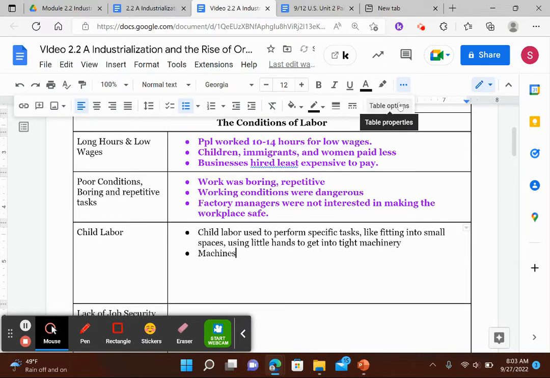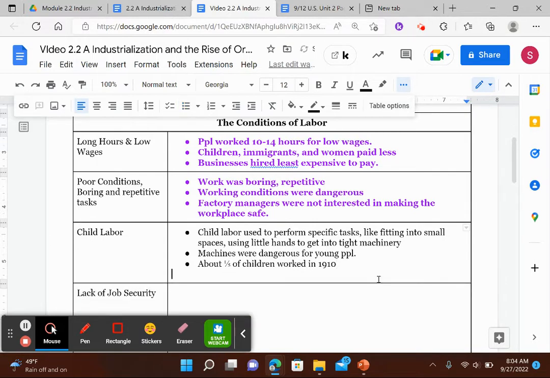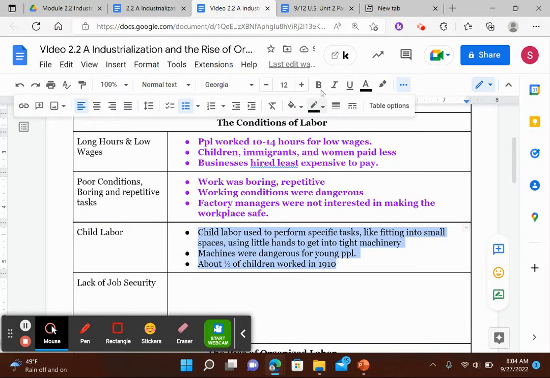Machines were dangerous for young people. About one-fifth of children worked in 1910. That's a lot. A lot of kids. So you can go ahead and hit pause while I clean this up and take the notes.